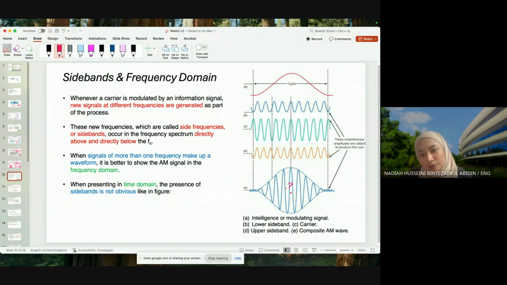We know the shape is supposed to be VM, and we know that the carrier is somewhere inside here, but ultimately you can't take it out because it's already combined together to become one frequency, one wave. So this is where we convert the time domain into the frequency domain. Bear with me on this.